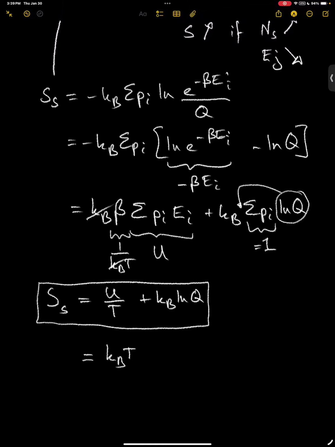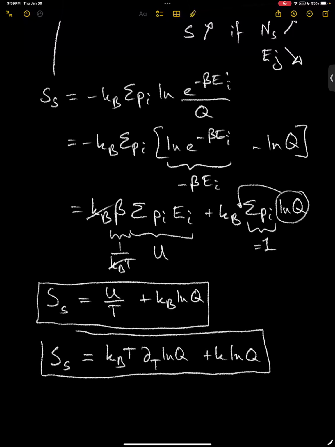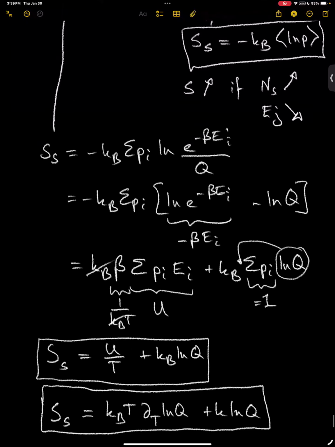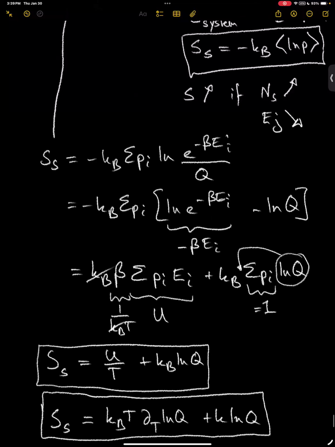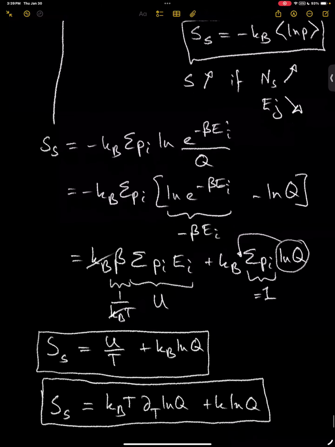The T squared cancels with the T, so only one T is left, and then d/dT logarithm Q for the first term plus kB logarithm Q. So all these boxed equations are very common variants of the entropy expressed within statistical mechanics.